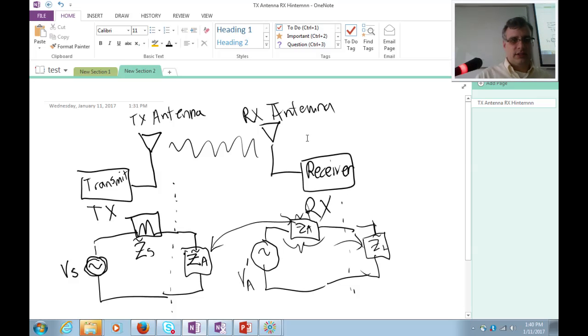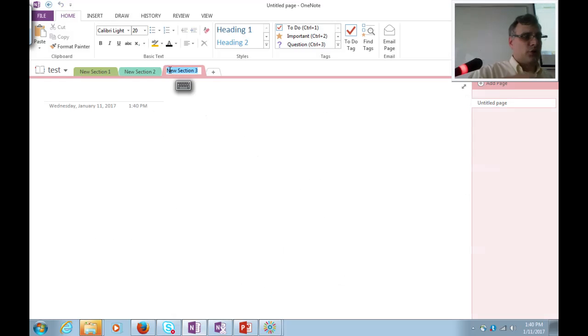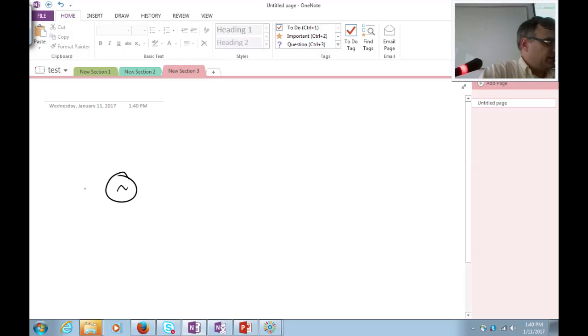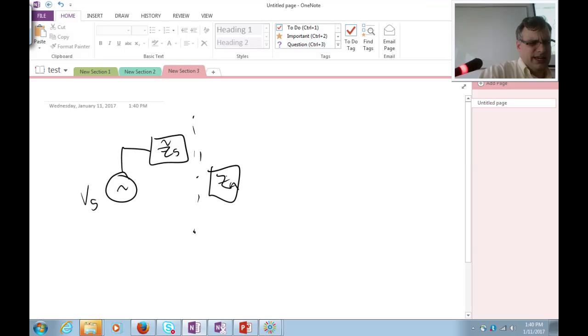Okay. So now that we have the background, let's talk about how to couple power. First of all, at the transmitter, let me repeat my circuit here. V sub S, Z sub S as my source, connecting to an antenna that is Z sub A impedance. This transmitter is capable of supplying power, right?